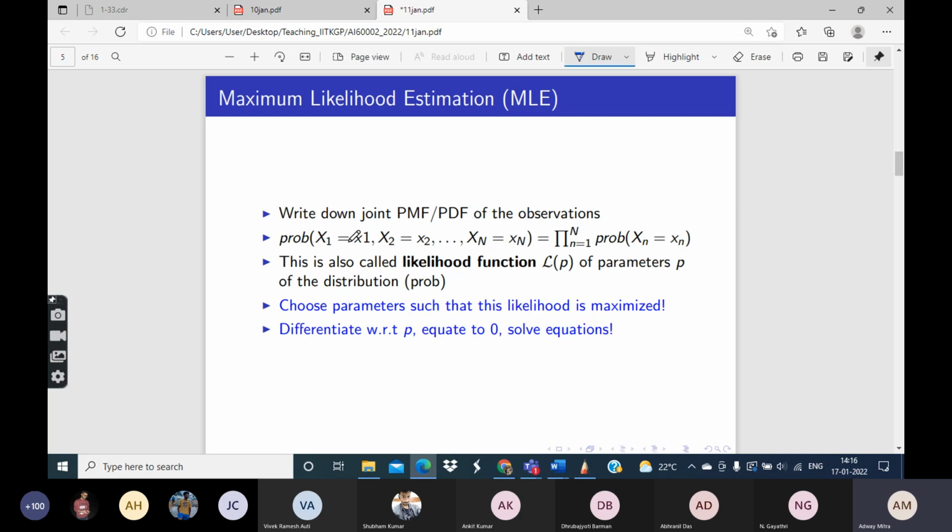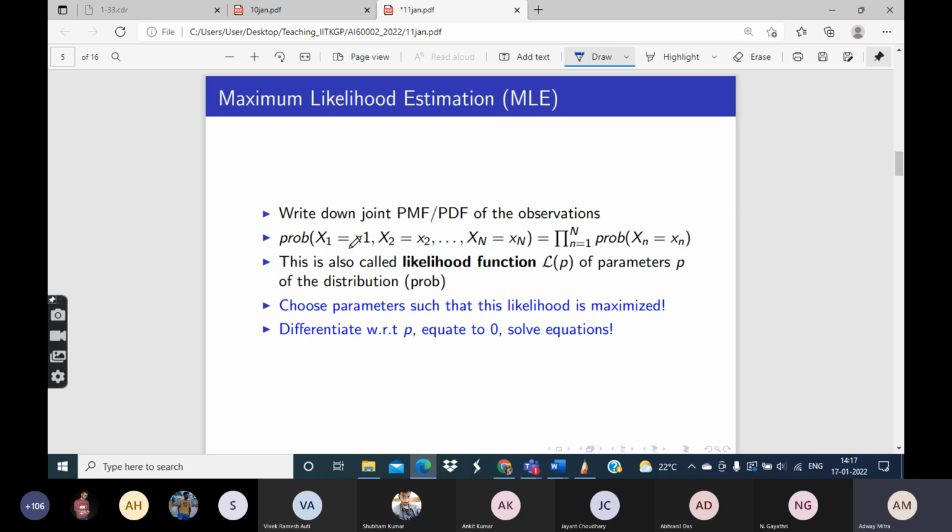We remember we have n observations which we are imagining have come from n random variables, and the names of those random variables are capital X1, capital X2, capital Xn, etc. So this is the event that these random variables have got these particular realizations.